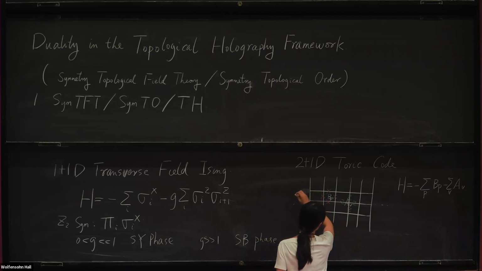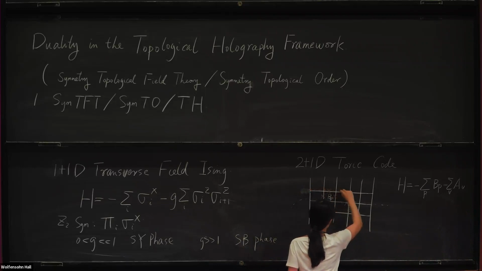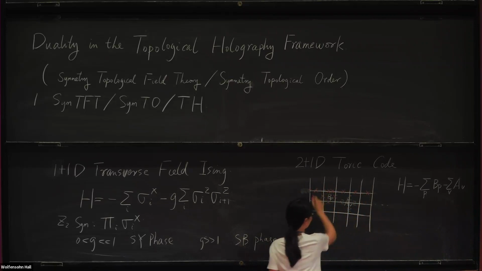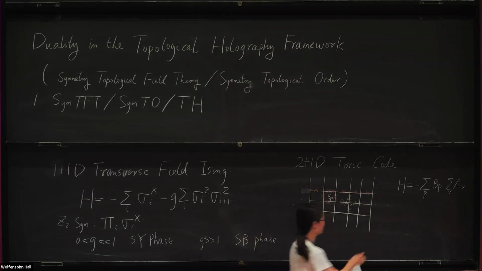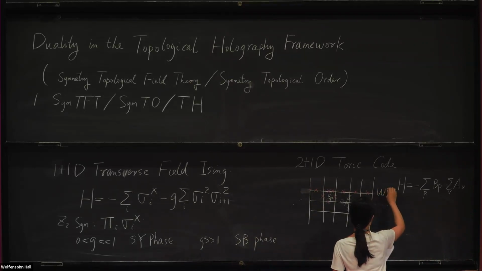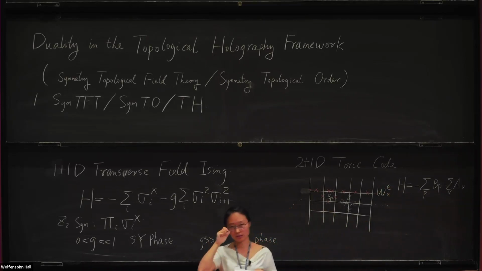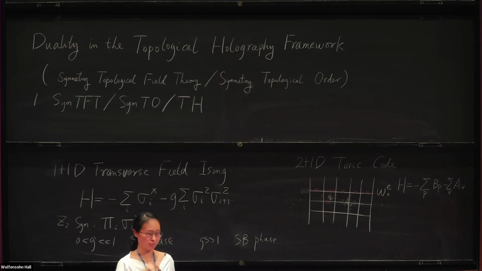So one of these loop operators is the string of sigma x along a non-contractible loop. So I'm going to label this as W^E_X, where the superscript E indicates that this is the string operator that we use to generate the anyon excitation E, the gauge charge excitation.